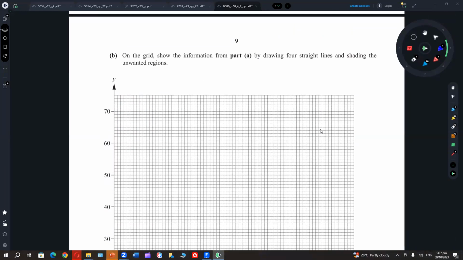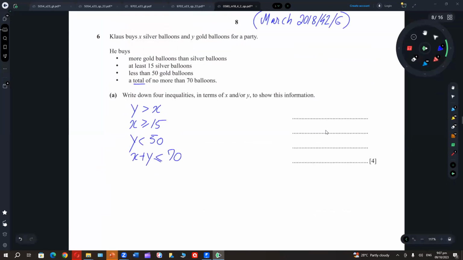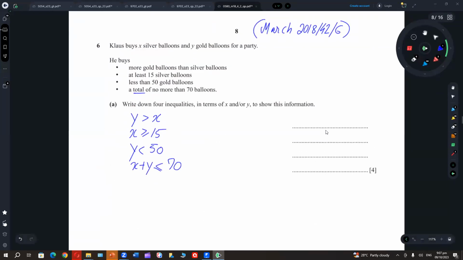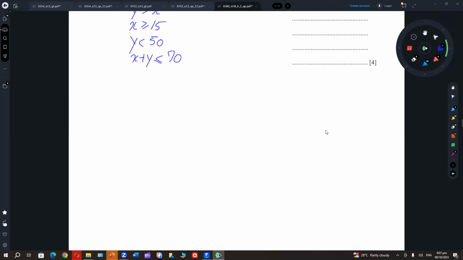On the grid, show the information from part A by drawing 4 straight lines and shading the unwanted region. So the first is Y is greater than X. That will become Y is equal to X. So if I make a quick table, these are the points.